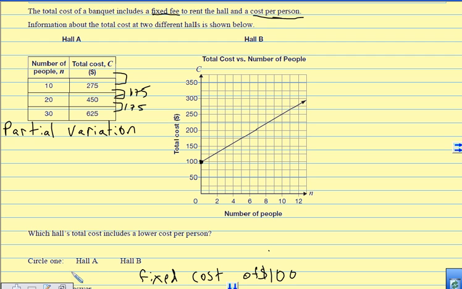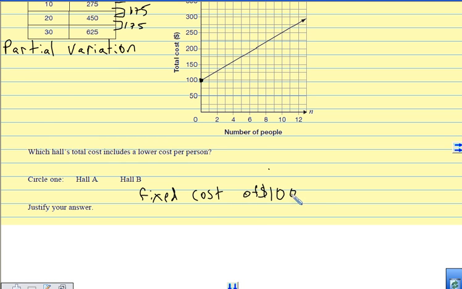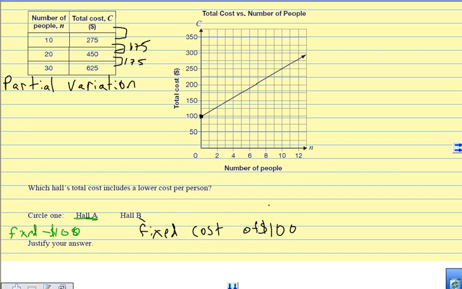So the fixed cost for Hall B is 100. The fixed cost for Hall A is $100 also. Okay. And then we want to know which hall's total cost includes a lower cost per person.